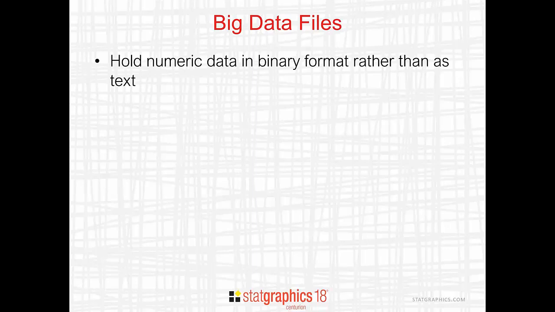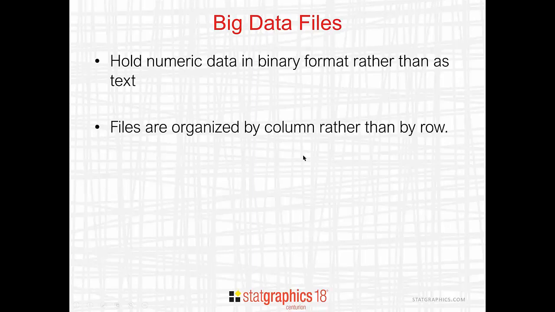Big data files hold the data in binary format. The advantage of that is that when you read data into memory, you don't constantly have to change it from text to numbers. So it's much faster to take millions of observations and pull them into memory.